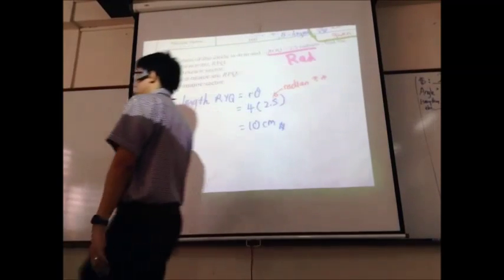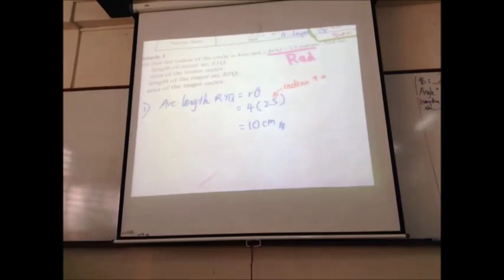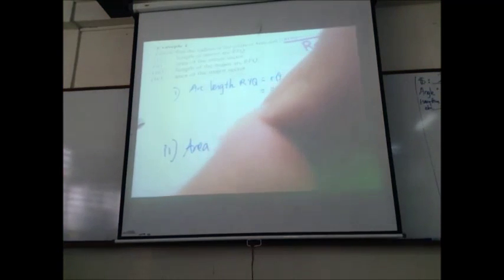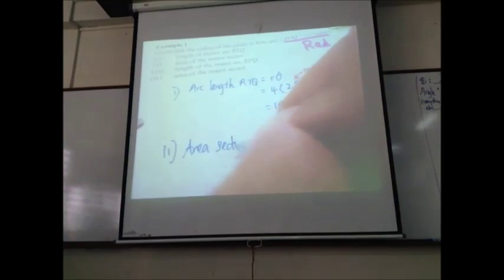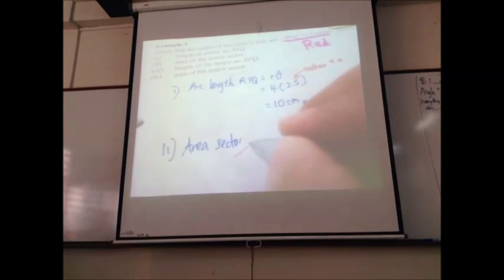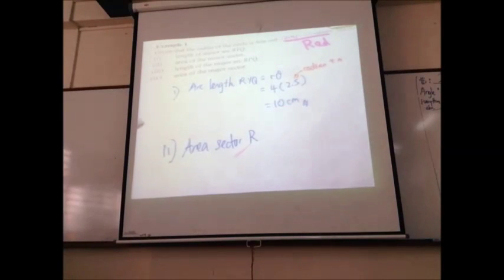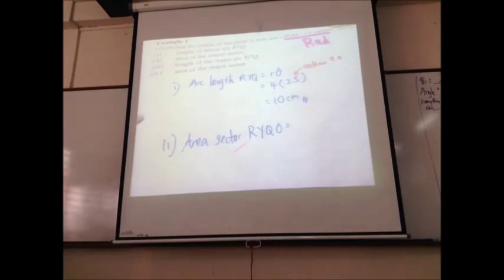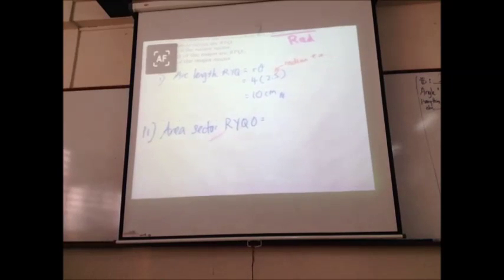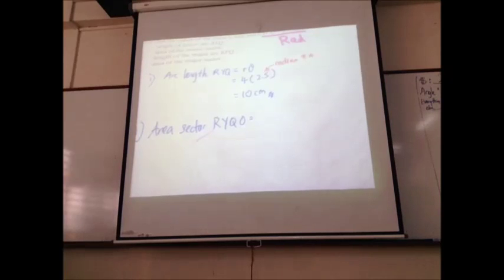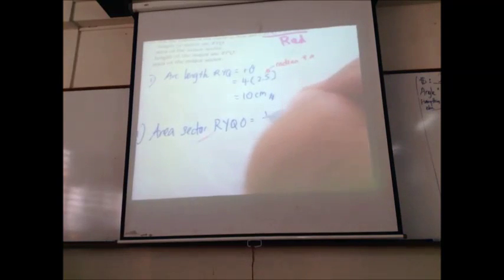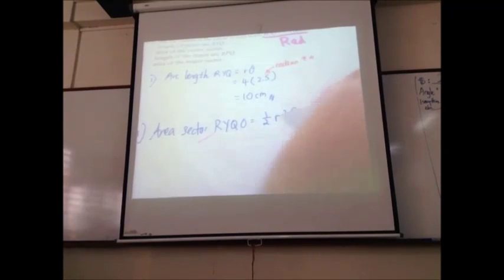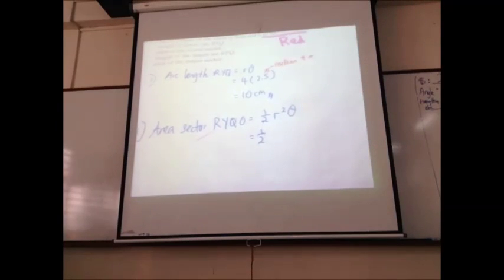Minor sector. Area or perimeter? Area. So can you tell me the area formula? Can you learn to label the sector? So you want to write down area of sector ROQ. Okay? So half r squared theta. Half I know. What is r?